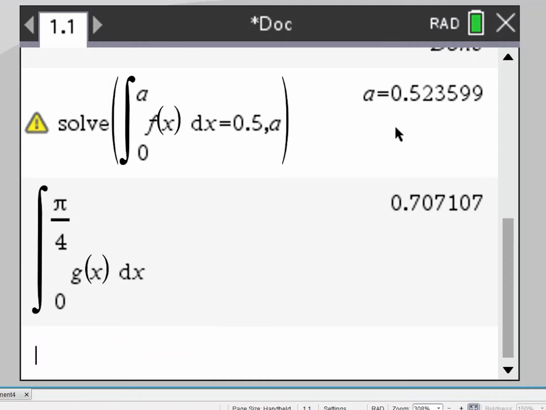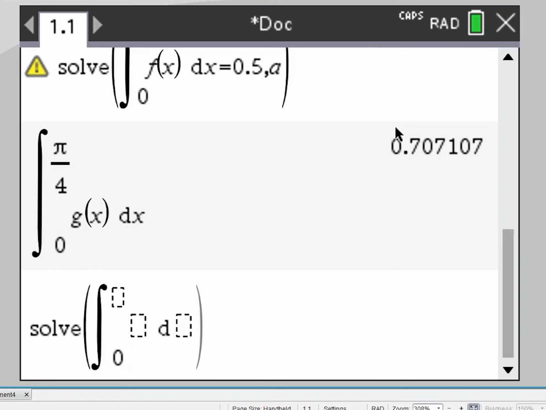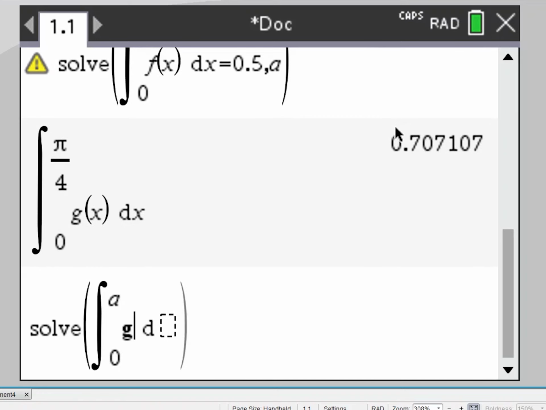Alright, so what you do is press menu 1, menu 3, and now our lower terminal is going to be 0, the upper one is going to be a, and now g of x dx equals 0.5. The only reason I know that it's going to be between 0 and pi on 4 is because the cosine function, when integrated between 0 and pi on 4, gives us a value that is greater than 0.5. So I know that a has to be between 0 and pi on 4.